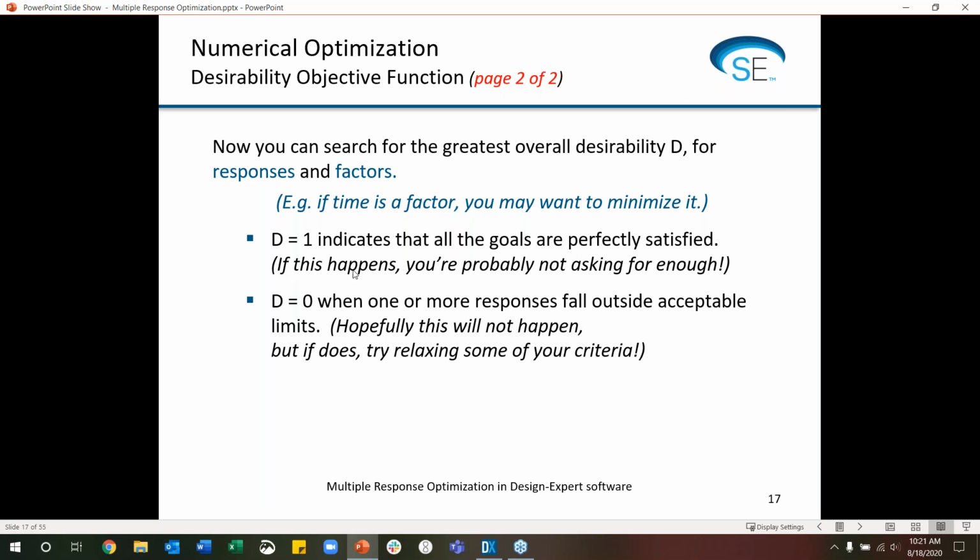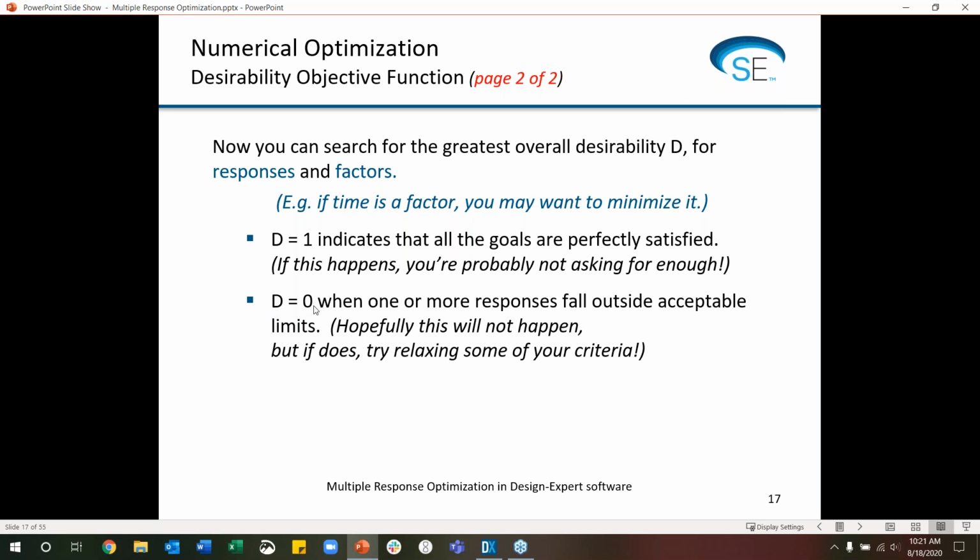And honestly, if that happens, you're probably not asking for enough. A desirability of 1 doesn't impress me. It tells me that, hey, it's possible I could get an even better solution if I just push my criteria a little bit farther.